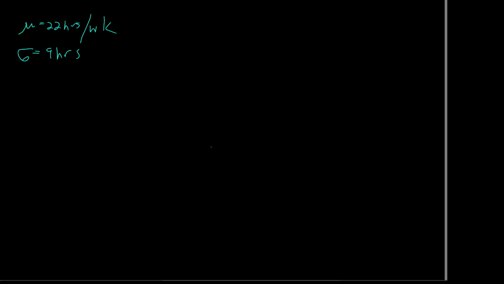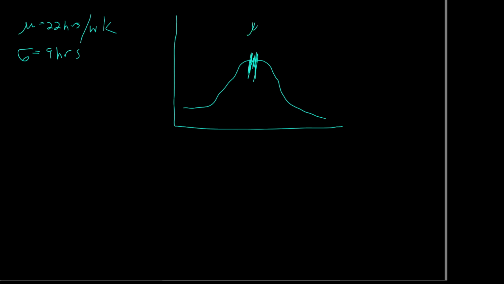And so we want to find the probability that some college student works less than 4 hours per week. So our mean is 9 hours. And what I tend to do is draw my normal curve, and then somewhere over here is going to be 4 hours. I need to find the z-score with that and the probability that comes with it.